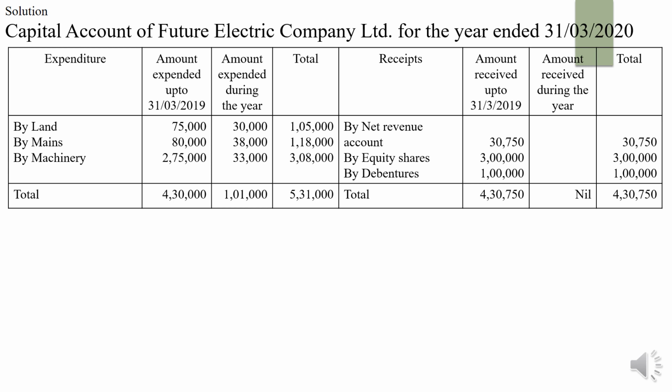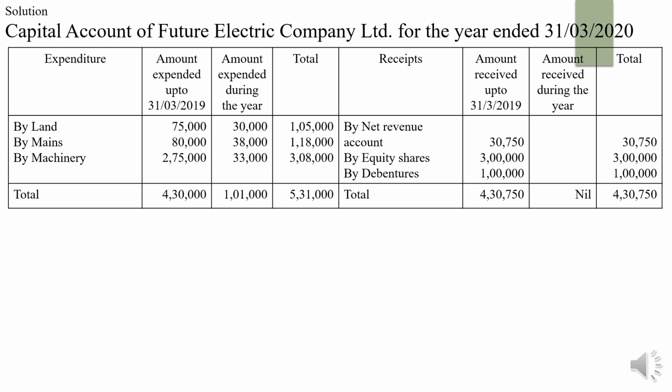One more is in the form of equity shares, so you will get 3 lakh. Debentures, you get 1 lakh. So total receipts will be 4,30,750. Now come to the other side. Here we have land, 75,000 up to the beginning of the year, and purchased during the year 30,000, total 1,05,000. Mains up to the beginning of the year 80,000, during the year 38,000, so total will be 1,18,000.